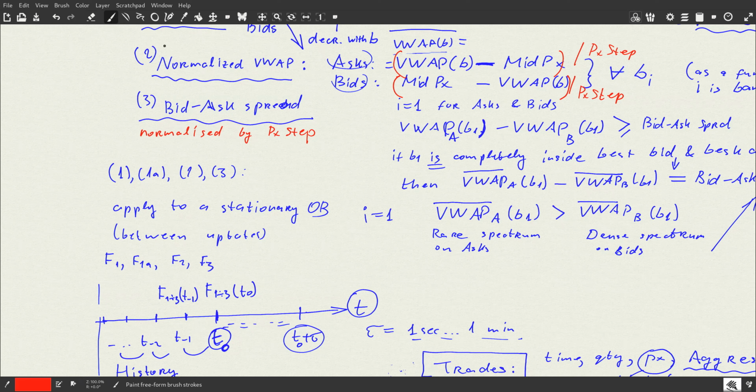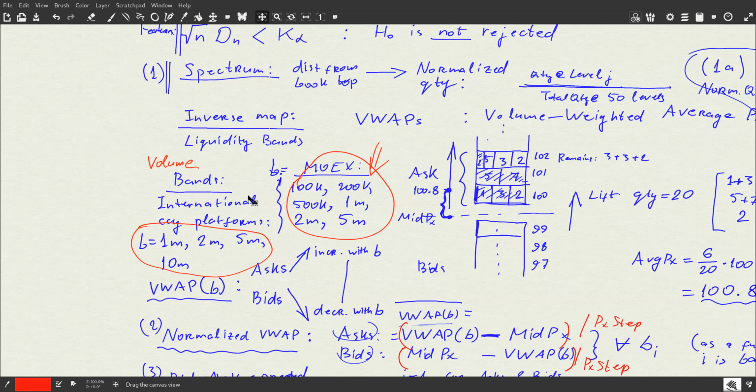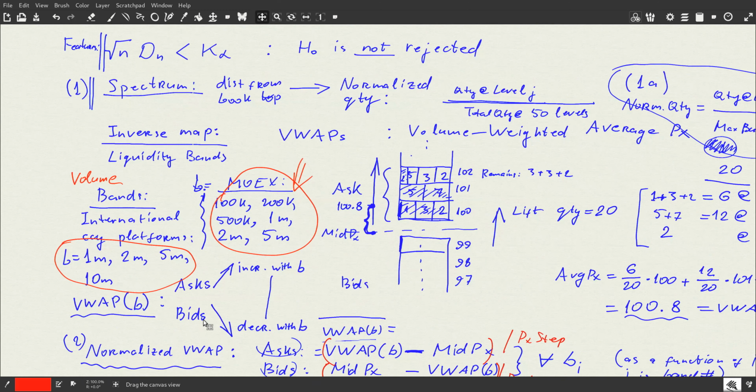Yes. Okay. I have one more question, if it's okay. Can you scroll up to the very beginning? Yes, here we are. In this formula we have square of n, square n dn less than k alpha, you see? But shouldn't it be square n over 2?